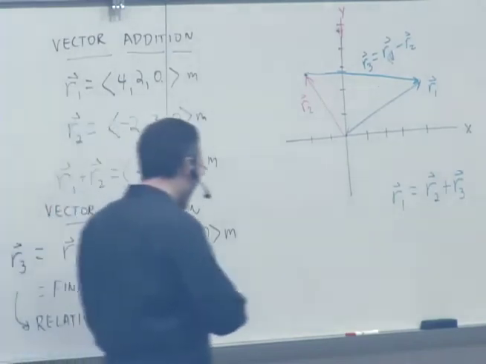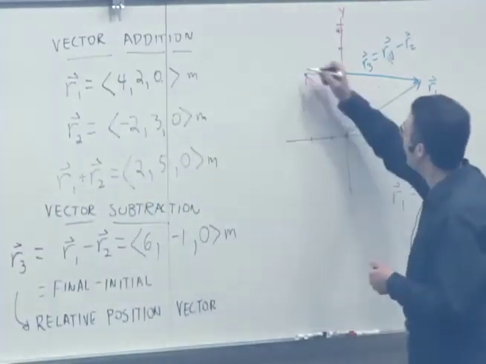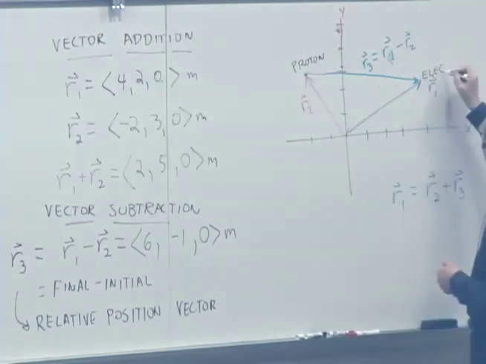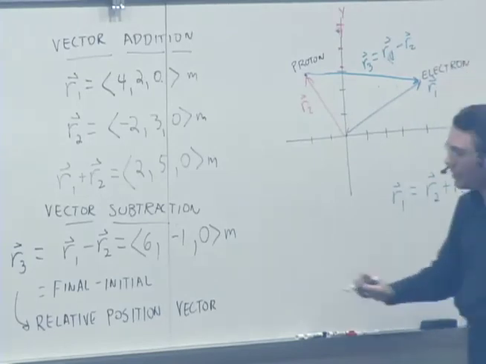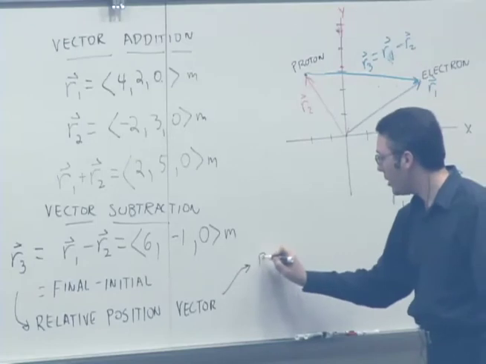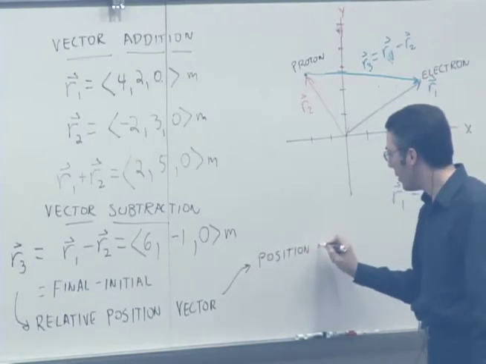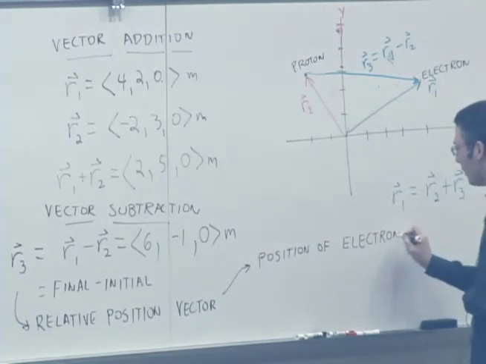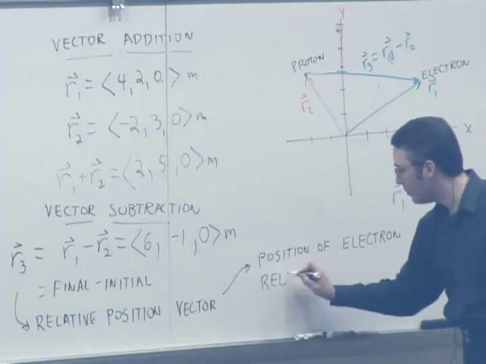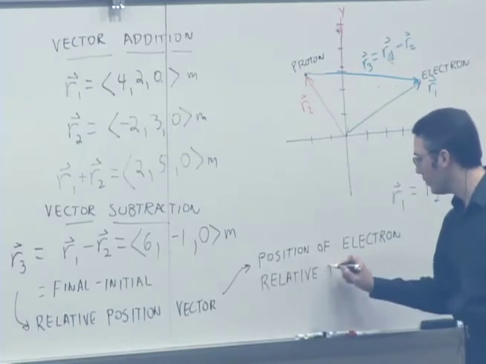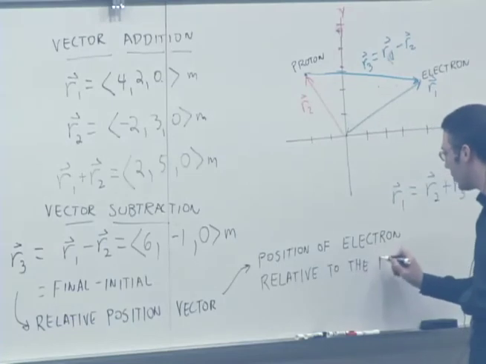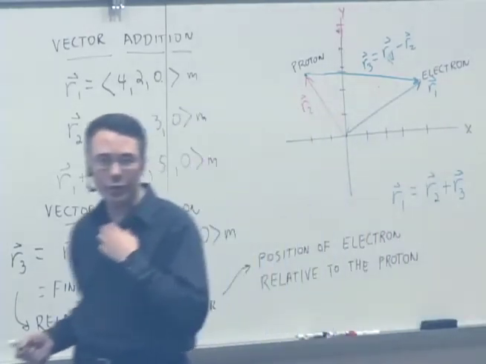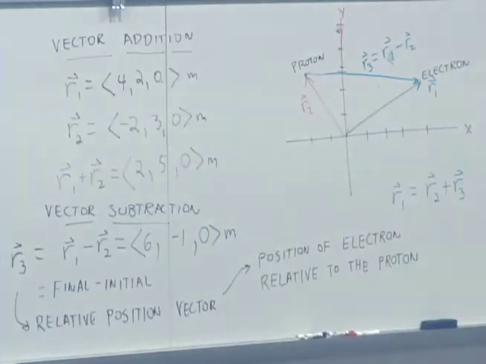Okay, so for example, if I had a proton here and an electron here, this relative position vector is giving me the position of the electron relative to the proton, or with respect to the proton, okay? And that'll be important soon. We'll be dealing with how to use this to calculate fields, okay?